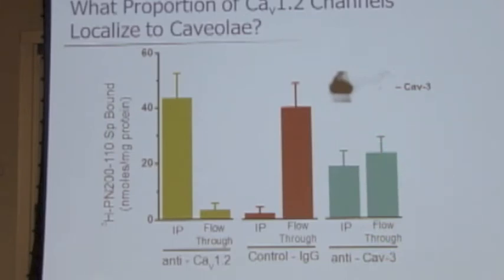So I think on average, about 41% of the channels we think are present, at least in the mouse system here, we've also done it for dog cells, are associated with Cav3, so presumably in caveoli. So this is a way to help us discriminate the relative distribution of calcium channels in cardiomyocytes and help know the abundance of those different pools.